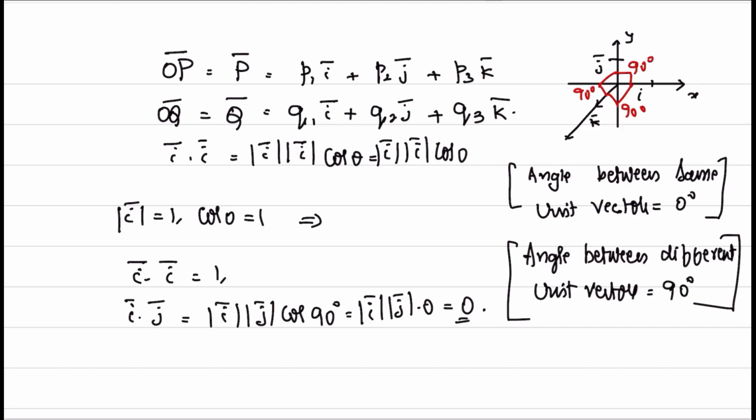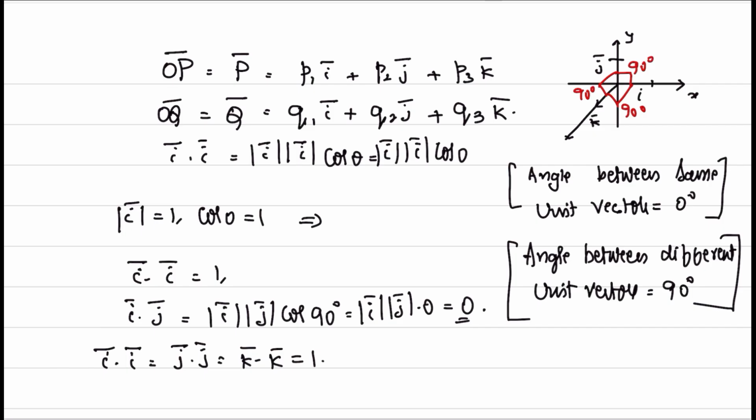That means I bar dot I bar is 1, and similarly the dot product of the same unit vectors, j bar dot j bar and k bar dot k bar, is equal to 1. Because it is a scalar, that value is 1, unity.